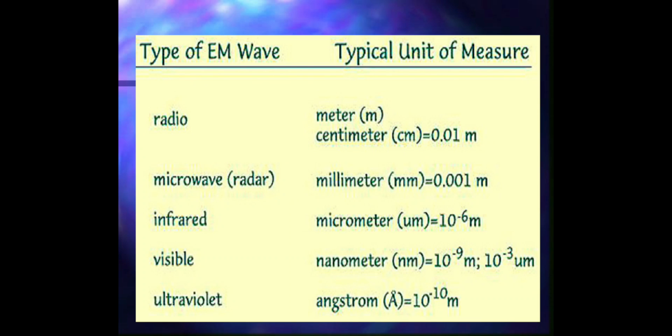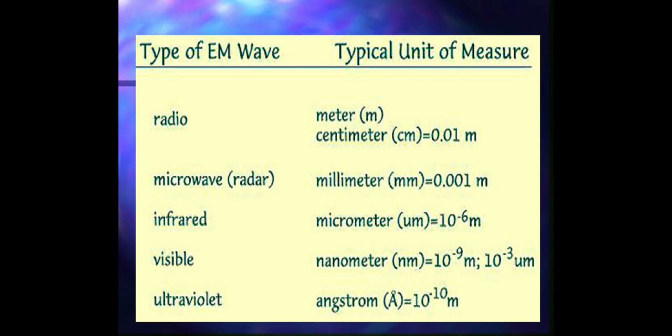Microwave means 0.001. Infrared is a very small wavelength, and the wavelengths nearer to X-ray technology are harmful to the human body because of their short wavelength. 10^-6 meter means micrometer. Okay, visible wavelength means nanometer, 10^-9 meter.